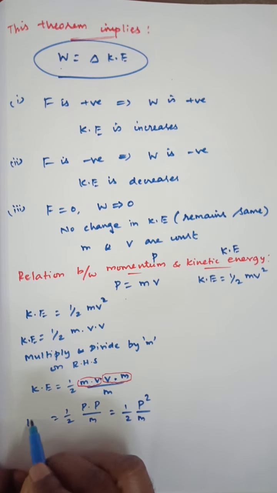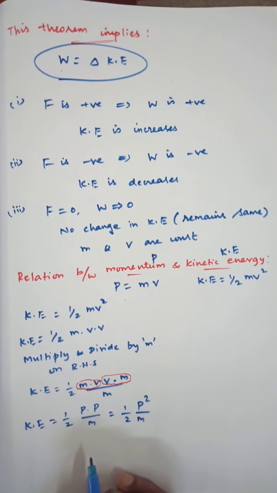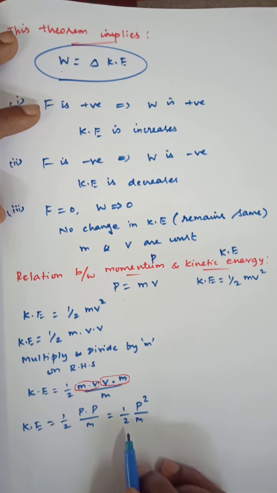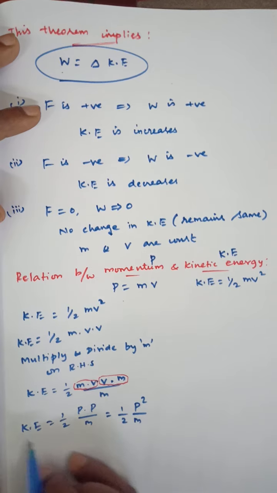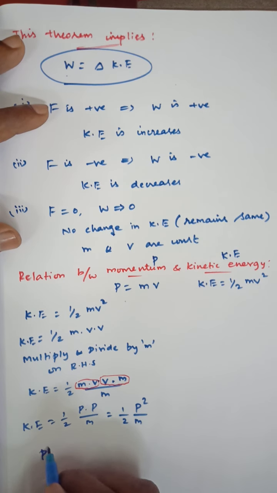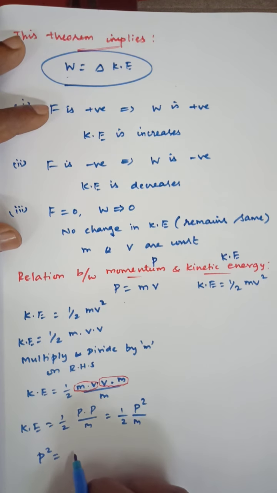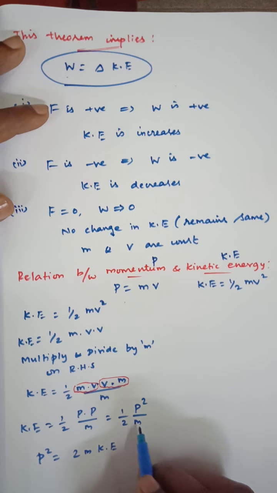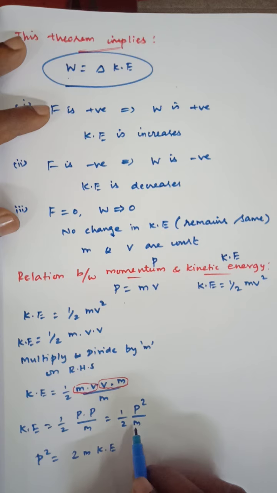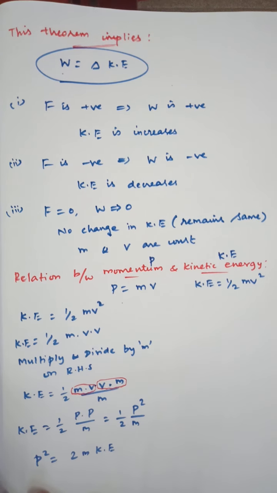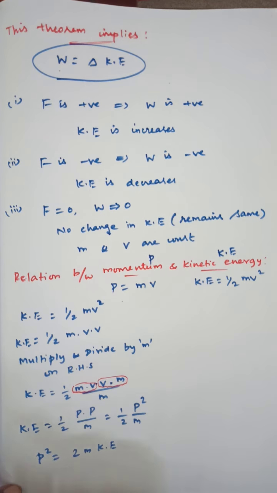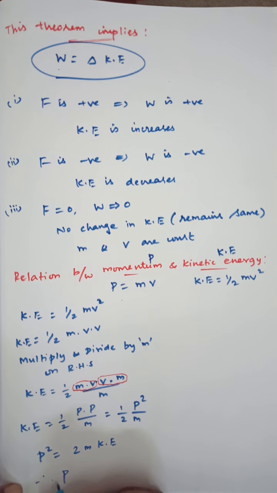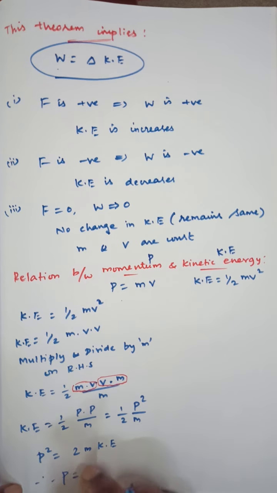That is equal to kinetic energy. So bringing 2m across, we write p square is equal to 2m into kinetic energy. Therefore p is equal to, the square becomes a square root.